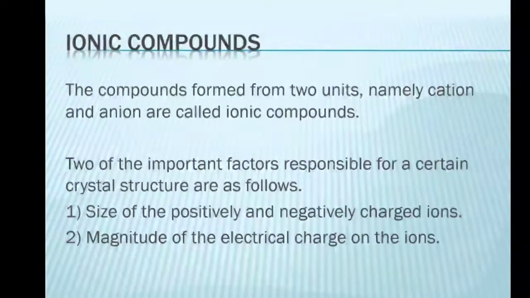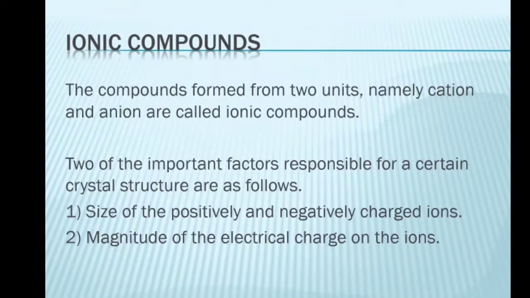Because of this, the general crystalline structure has negative ions arranged around a positively charged ion and positive ions arranged around negative ions. The two important factors responsible for the certain crystalline structure are the size of the positively and negatively charged ions, and the magnitude of the electric charge of ions.